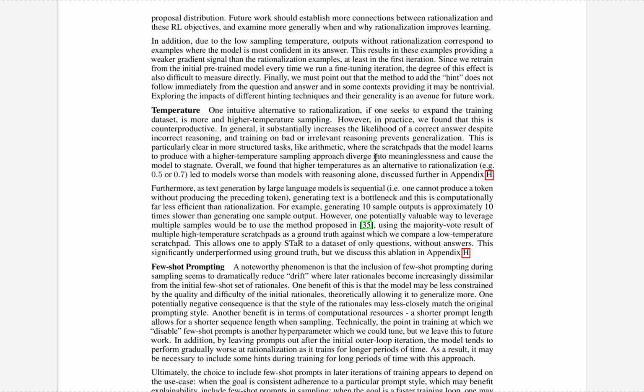However, one potentially valuable way to leverage multiple samples would be to use the method proposed in [35], using the majority vote result of multiple high-temperature scratch pads as a ground truth against which we compare a low-temperature scratch pad. This allows one to apply STaR to a dataset of only questions without answers. This significantly underperformed using ground truth, but we discuss this ablation in Appendix H.